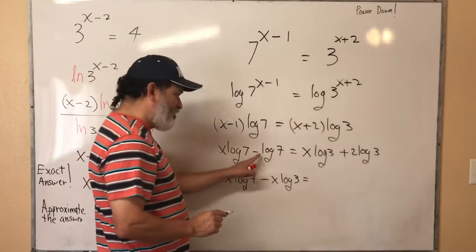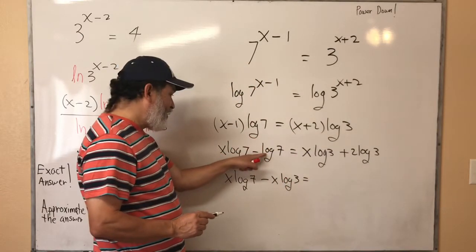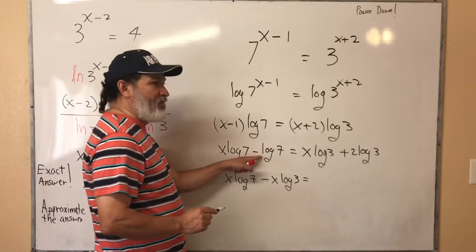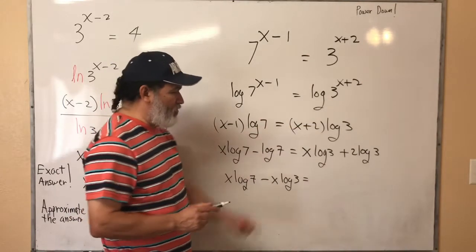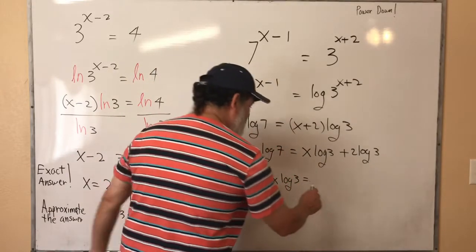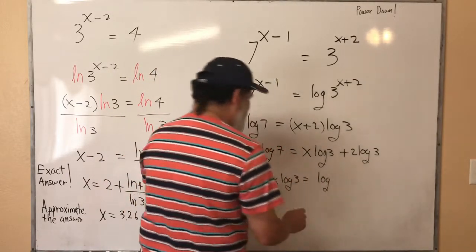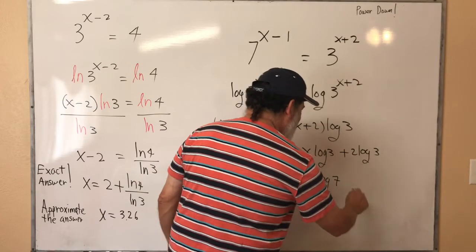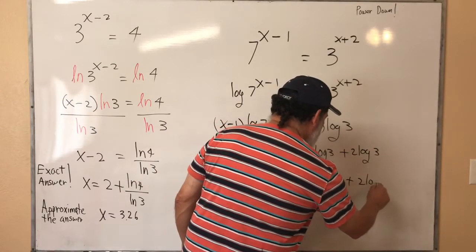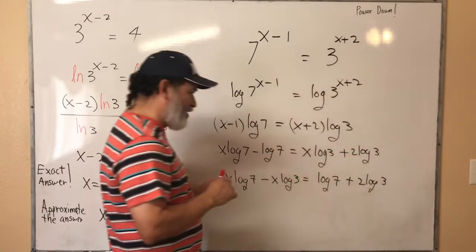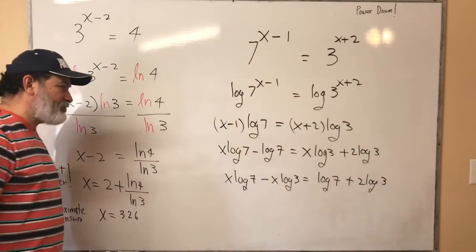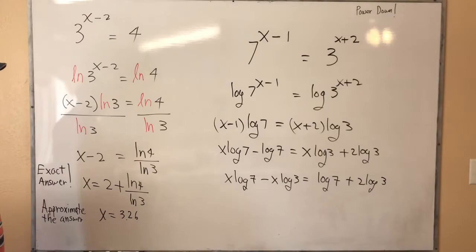And this constant without a variable, bring it over there. It becomes plus log base 10 of 7 plus 2 log base 10 of 3. That's where we are.